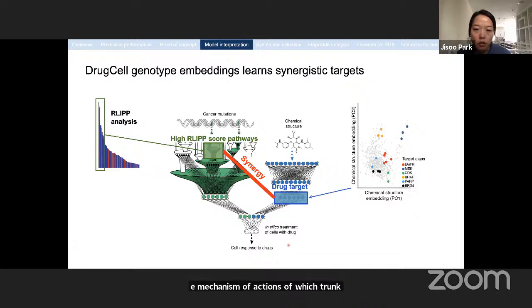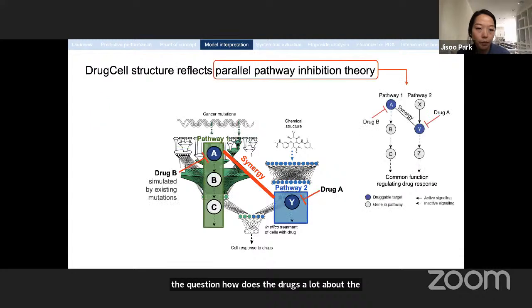Now moving on to the genotype branch, we tried to answer the question: how does DrugCell learn about the synergistic drug targets? Considering the synergistic relationship between the drugs and the high Olive score pathways, we concluded that the model's inner workings mirror very well the parallel pathway inhibition theory of synergy.